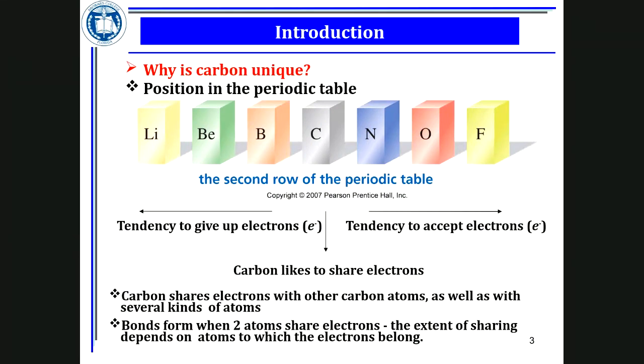Elements in group 8, the noble gases, are the role model for other elements. Every other element wants to be stable, just like noble gases, by sharing, giving or accepting electrons. So carbon, being in group 4, shares electrons; it doesn't lose or gain electrons.